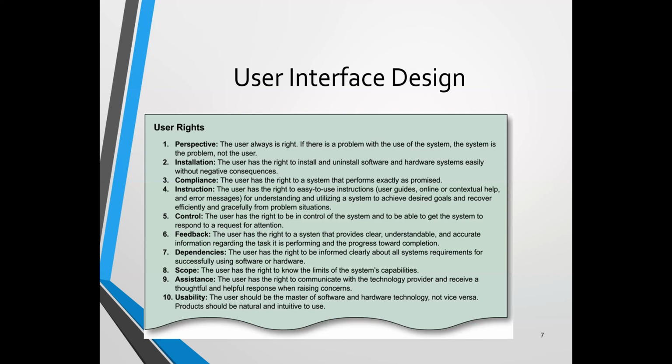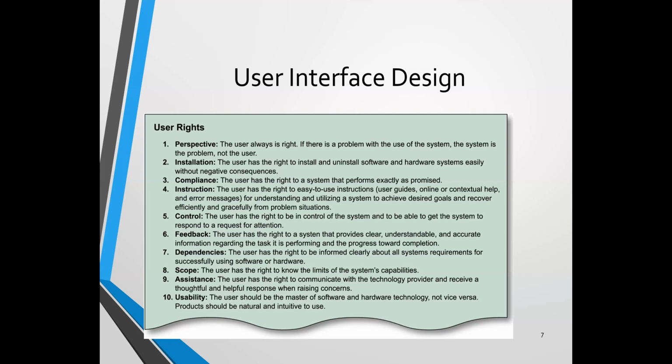So for this one, you may have to provide the channels so that users can contact the help desk, the owner or the developers of the system, so that when they have a problem they can ask for help or discuss the solution.